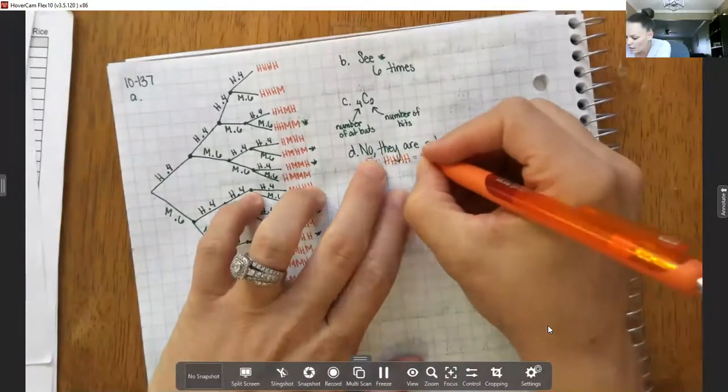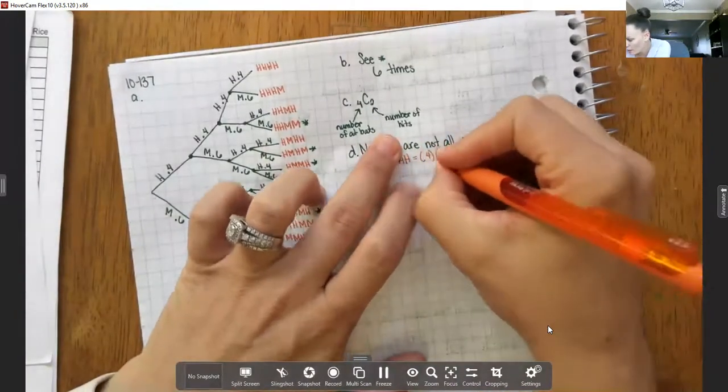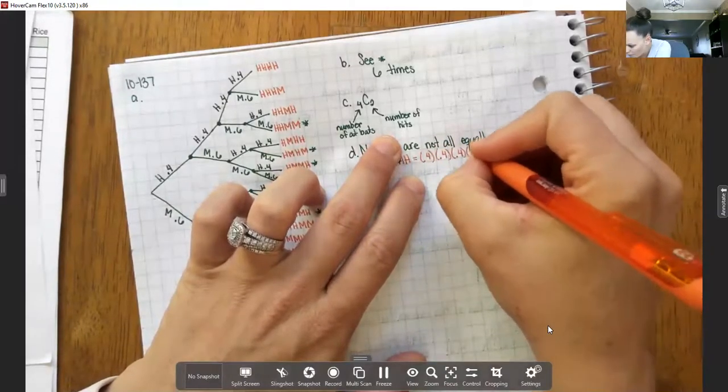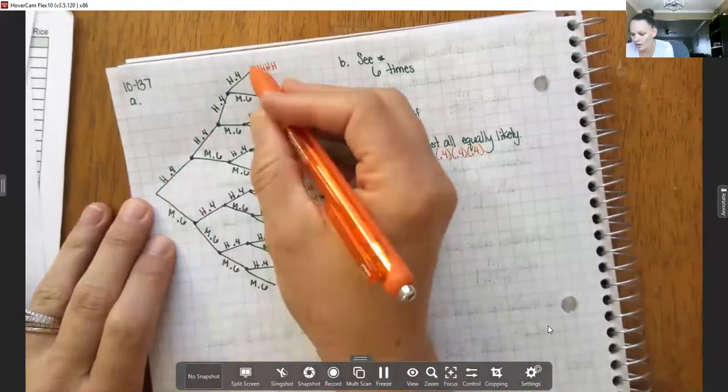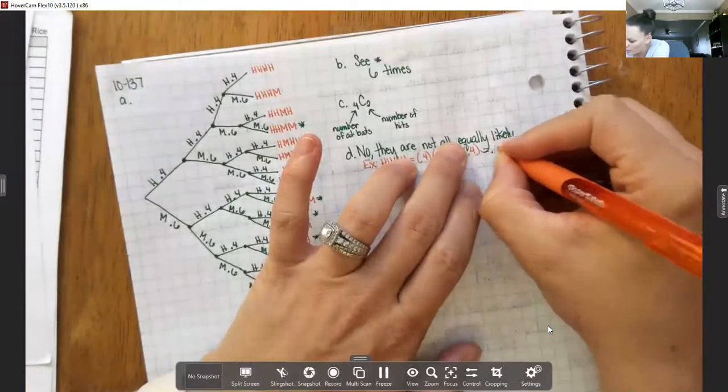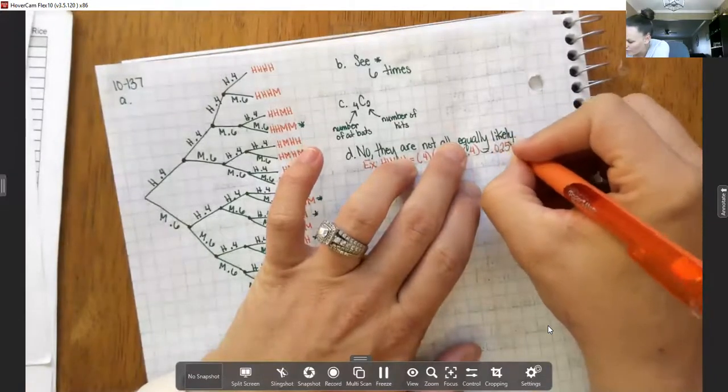That would be 0.4 times 0.4 times 0.4 times 0.4. Every H is a 0.4, which is 0.0256.